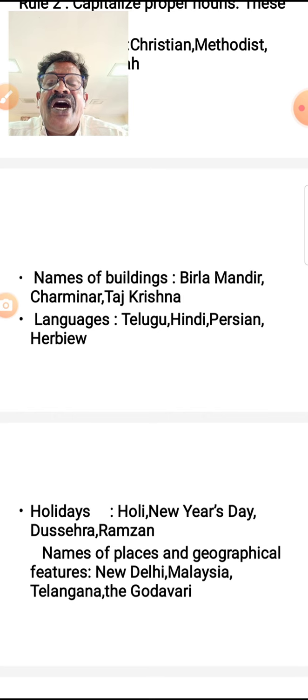And then next Charminar, the first letter of Charminar is written in capital form, C. And then next Taj Krishna is a 5-star hotel, right, very famous. So here you can find T is in capital form, and K also is in capital form.